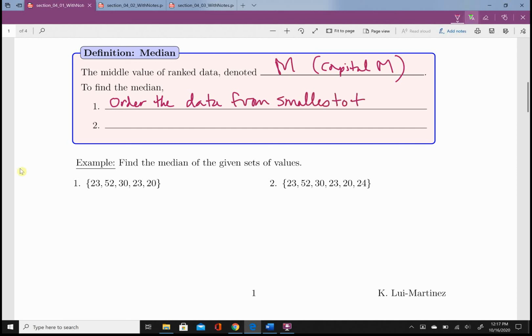And then if you have an odd number, if n is odd, then find the centermost value.